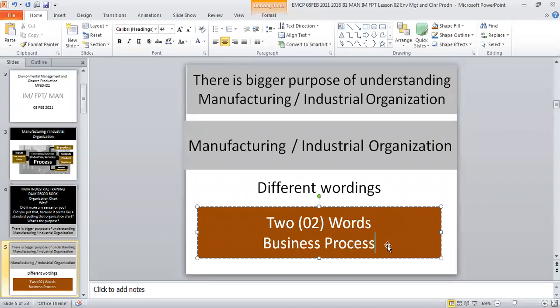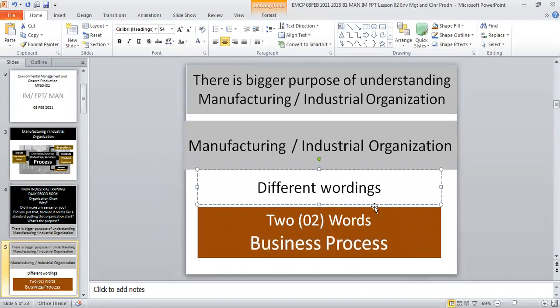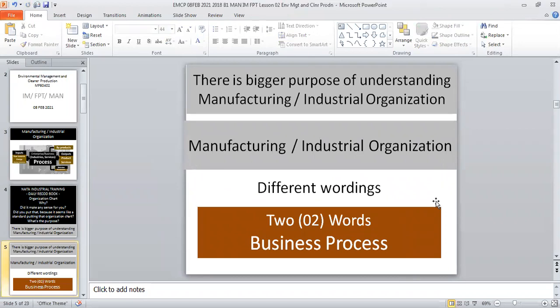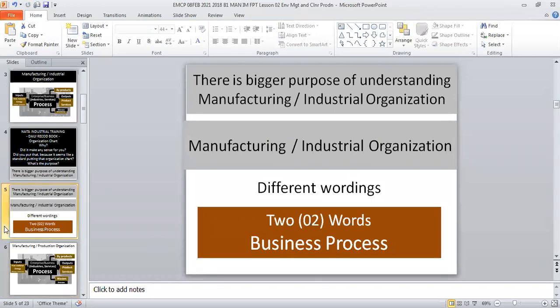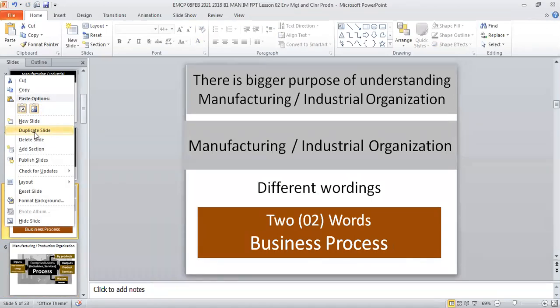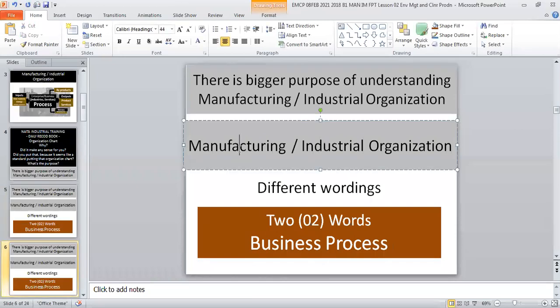Business process. That is, to understand the business process. Okay, business process. So this is how it should be. By right.